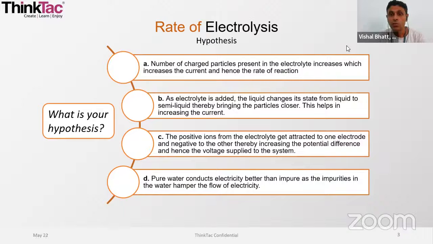So what we will do is prepare these different setups with different salt concentrations, observe the rate of electrolysis, and come back to the results as well as the hypotheses. Any questions before Shivani takes over and conducts the experiments with you?